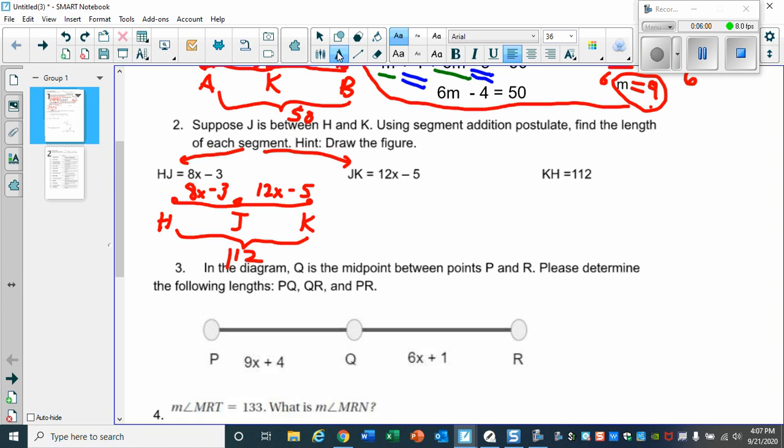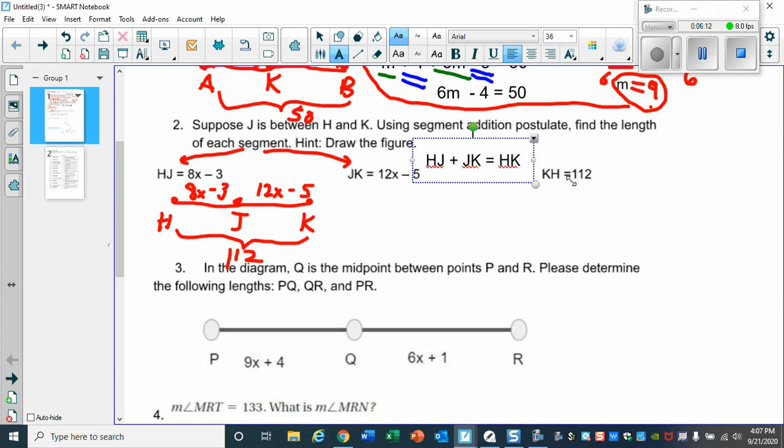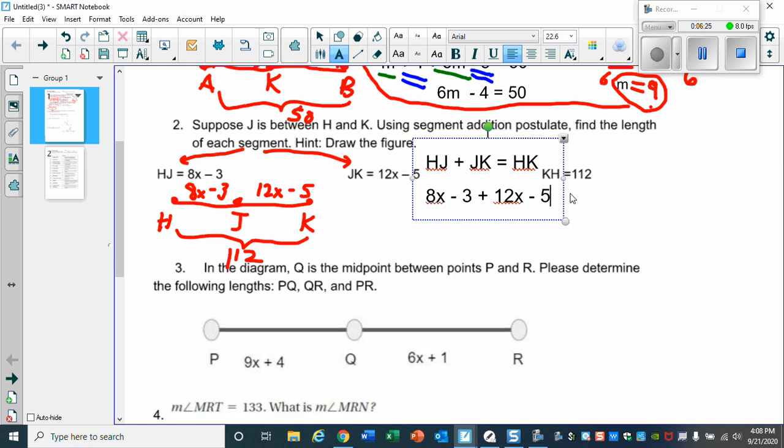This problem will be similar to problem number 1, because just like before, HJ plus JK equals HK. Then we plug in our information: 8x minus 3 plus 12x minus 5 equals 112.